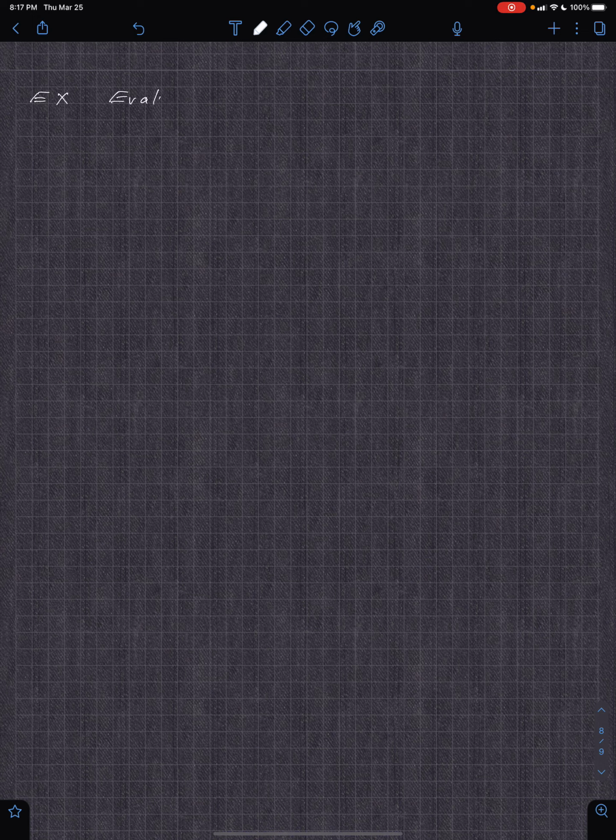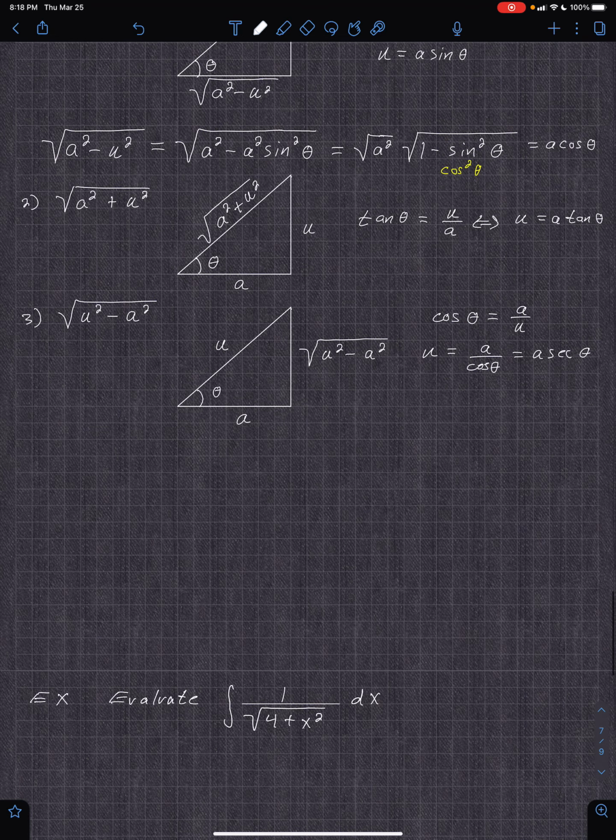Evaluate the indefinite integral of 1 over the square root of 4 plus x squared dx. And so right away, if you have a sum, it's going to be this case here. So we'll be looking at all of this stuff.